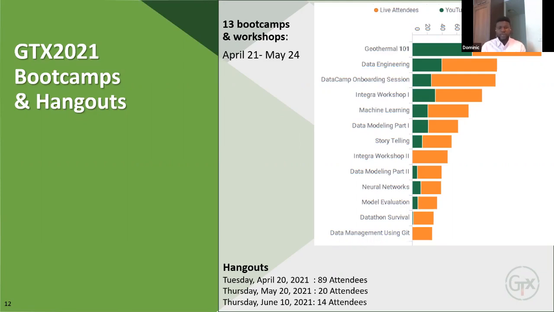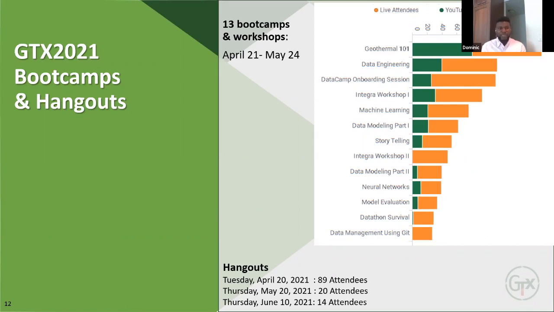This is followed by the bootcamps and workshops on machine learning and project management skills, and then rounded off by more machine learning algorithms like neural networks, model evaluations, and data management using Git tools such as GitHub. So it was packed, it was intense, it was fast-paced. We thank everyone for attending the bootcamps and workshops and being part of the learning.